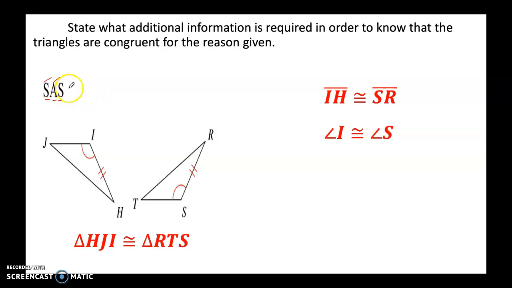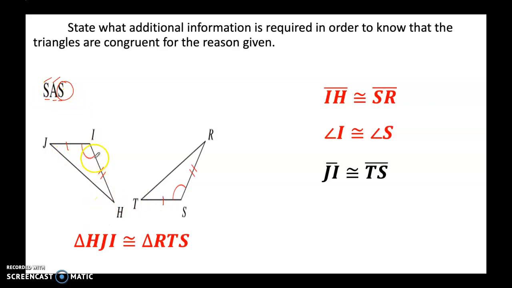We only need another part, which is the side. The side should make the angle included in a triangle. So therefore, we need segment IJ or JI congruent to segment TS for the SAS postulate.